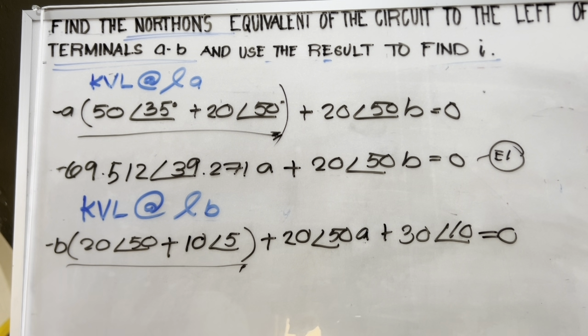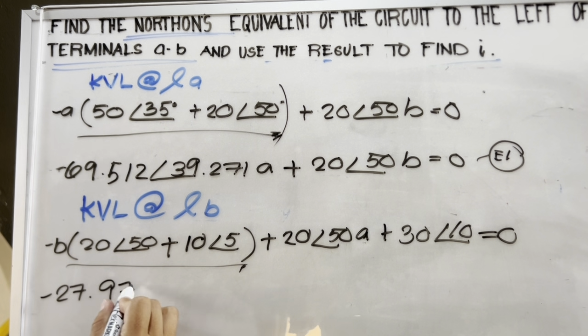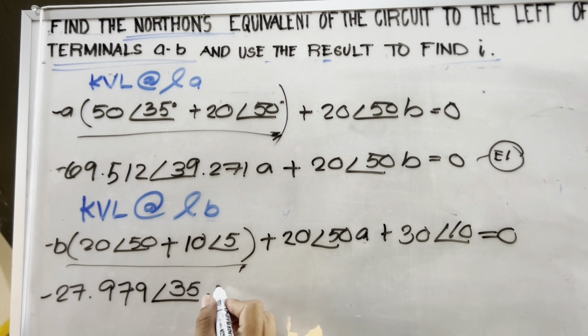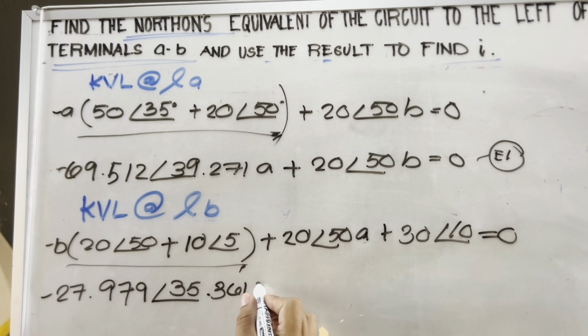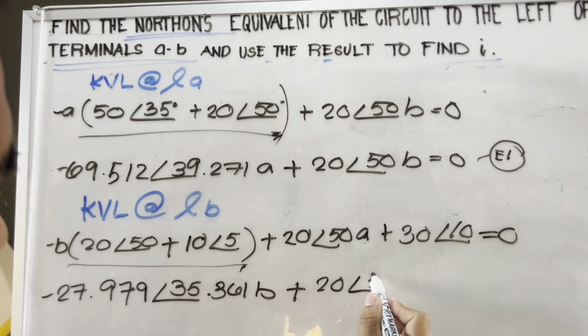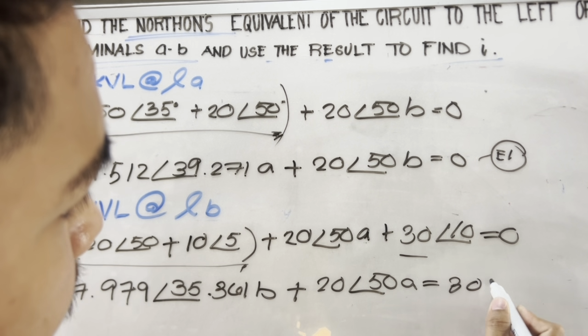Computing this again, we will have negative 27.979 angle of 35.361 times B plus 20 angle of 50 times A is equal to 30 angle of 10.